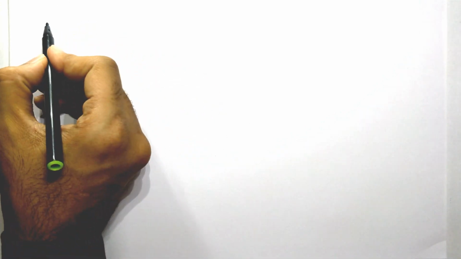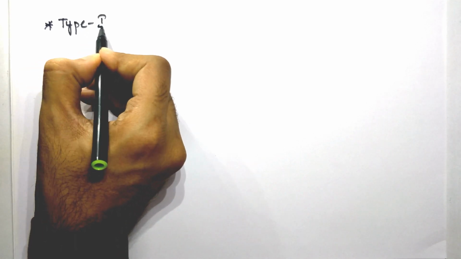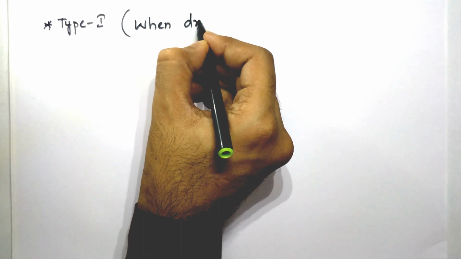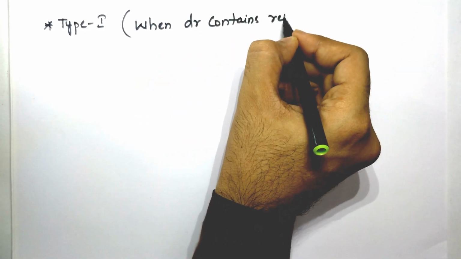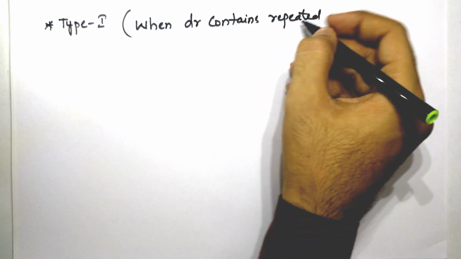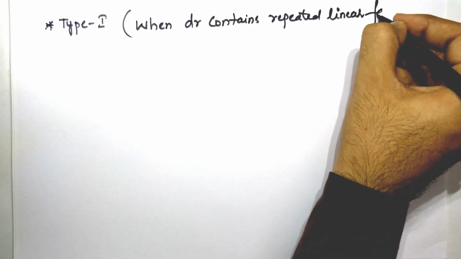Next one is, we'll have three types of problems in this. Method 1 or type 1 problem is when the denominator contains repeated linear factors.